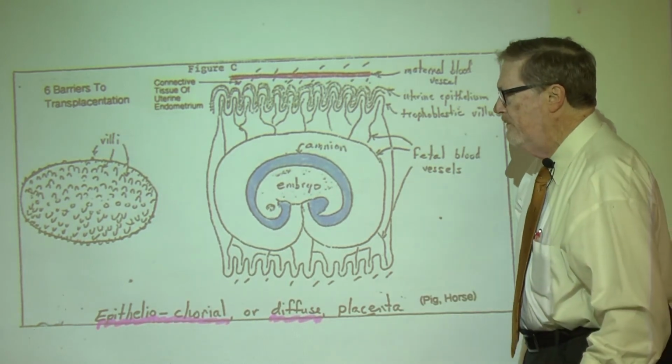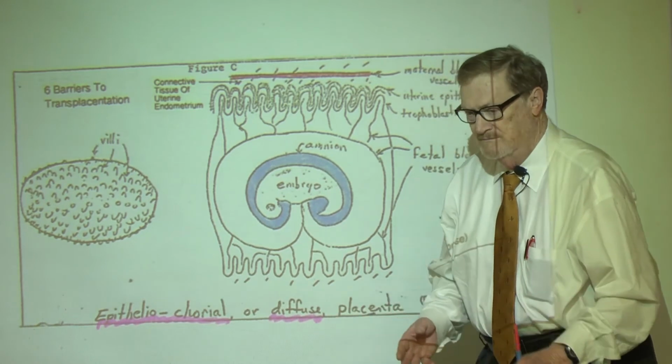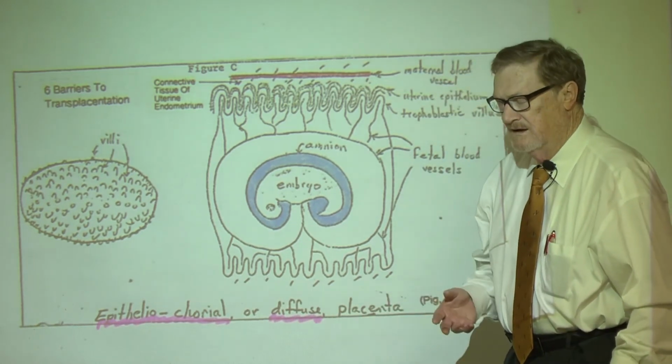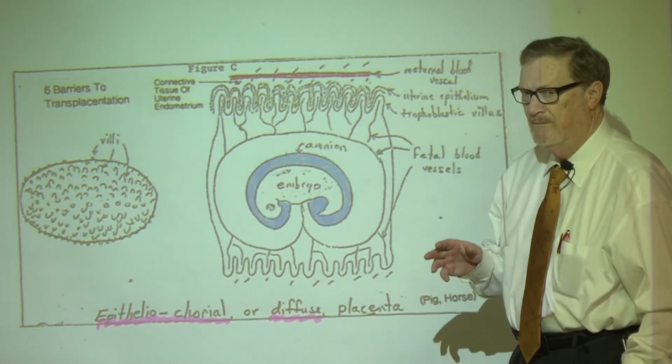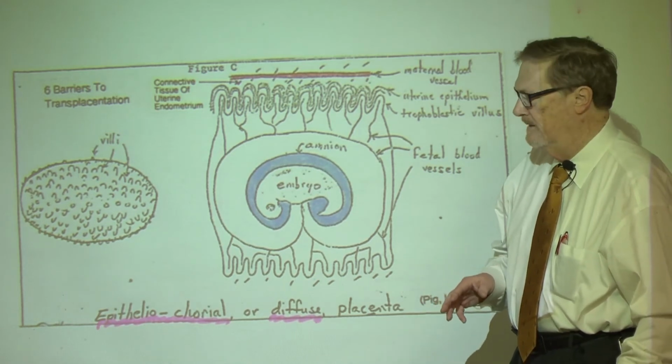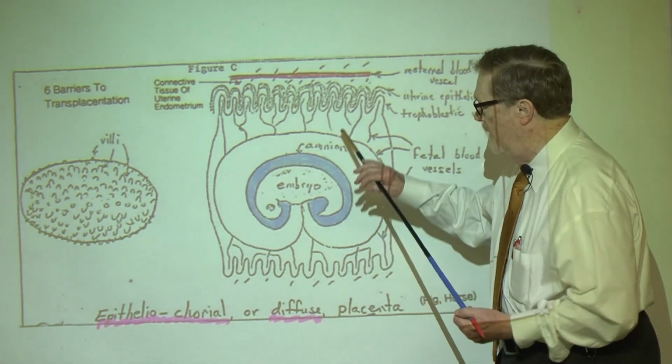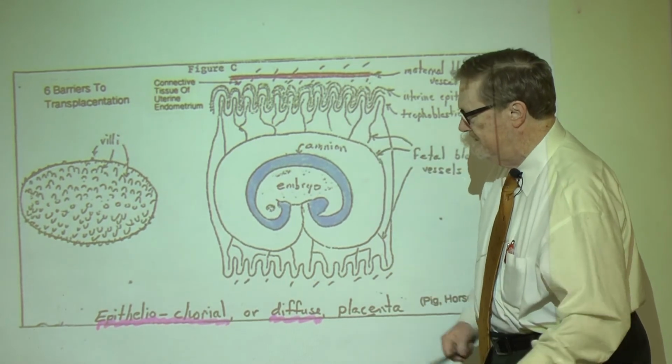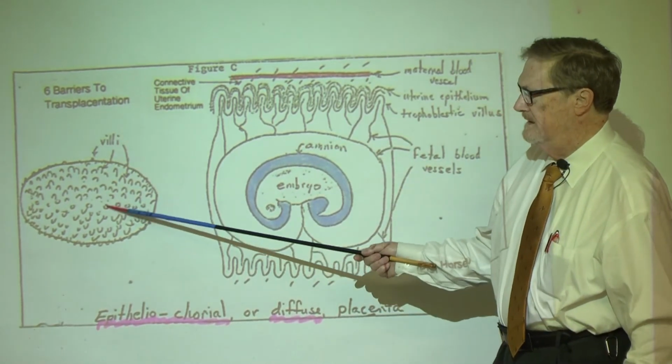Now, if we were to just dissect out the placenta, just the parts that came from the fetus, not from mama, and look at these chorionic villi, these finger-like processes, the placenta would look like this.